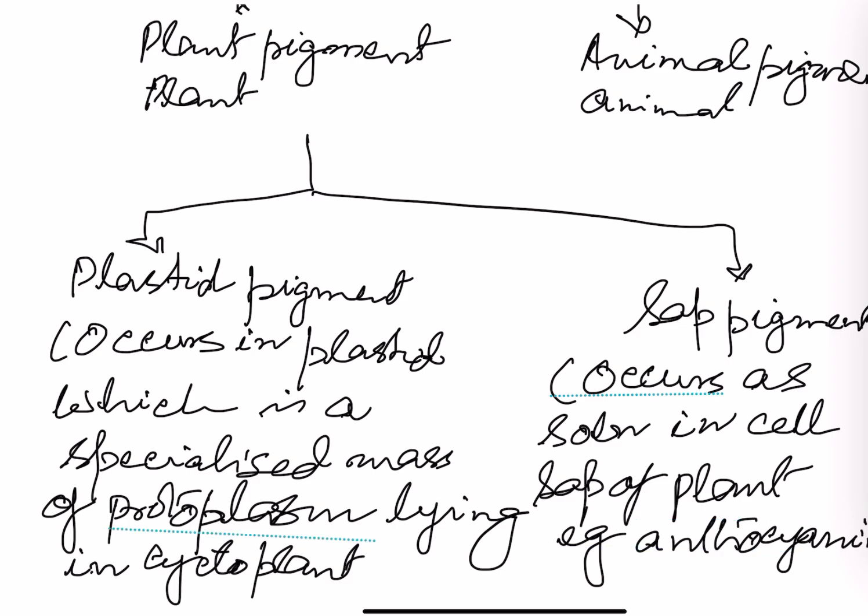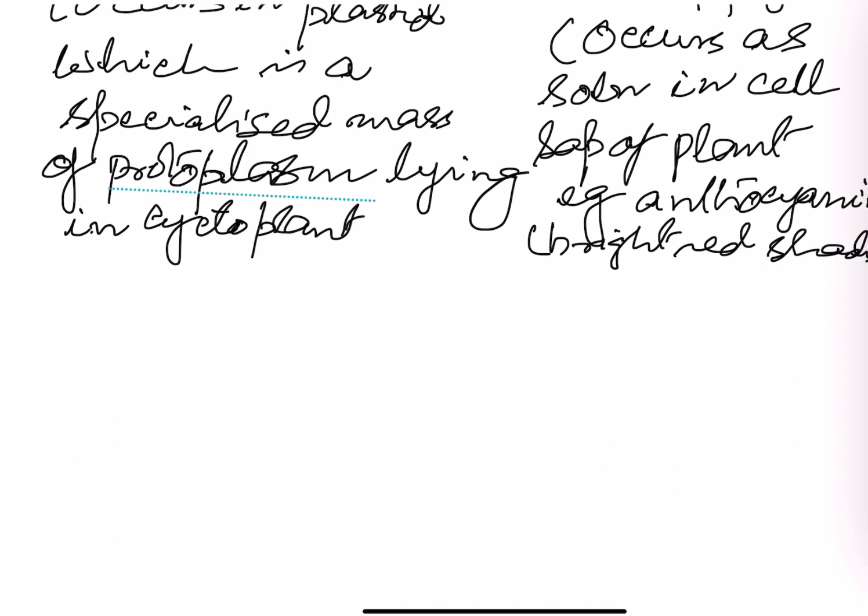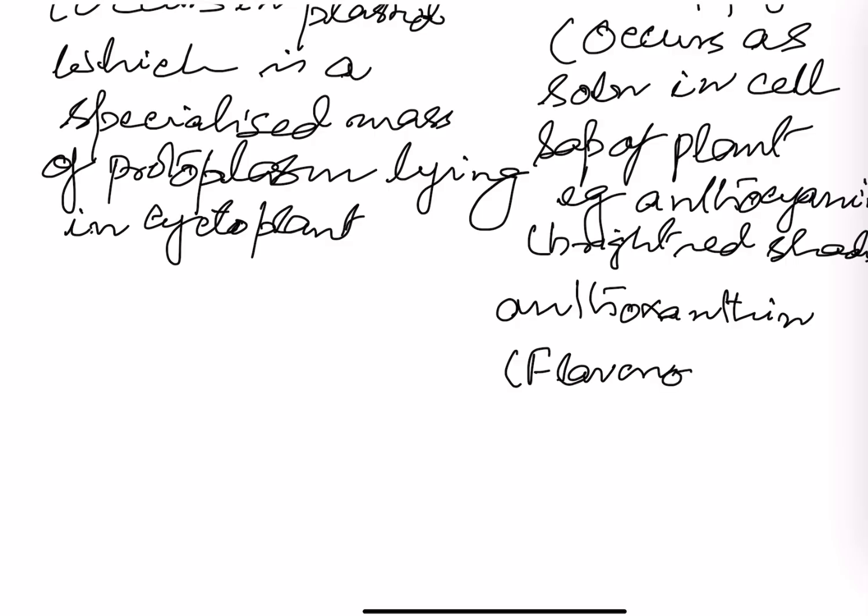This is the bright red shade. And another example is your flavonoids, glycosides. It is pale yellow.